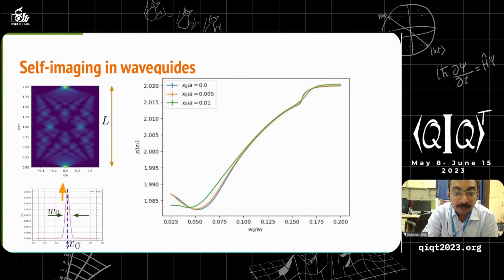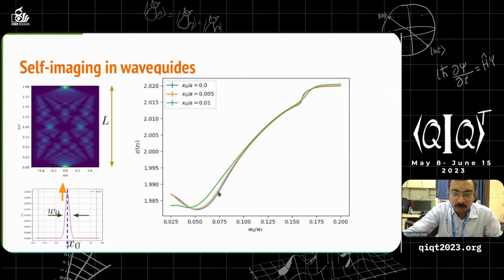And the other two curves, the orange and the green ones, are produced by using a beam that is slightly offset. So you offset the beam by 0.5% of the waveguide's width, a little to the right, and when you offset it a little more, by 1% of the waveguide width, you get the green curve. The green curve shows a slightly different variation.